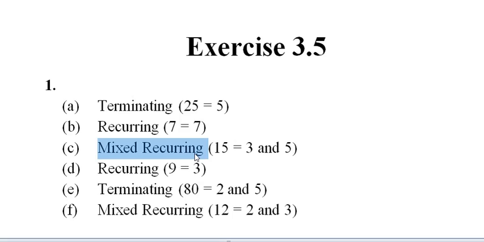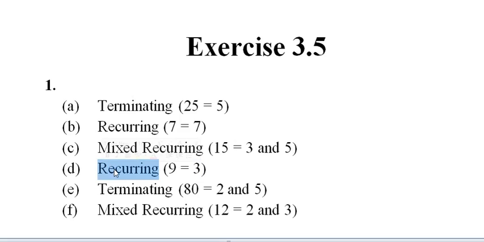But along with 2 and 5, if we have other factors also like 3, 7, 11, 13, 17, then it will be a mixed recurring number. Like here we have 5, but along with 5 we have 3 also, so it's going to be a mixed recurring decimal number. And only 3 is here, there is no 2, there is no 5, then it's going to be a recurring decimal number.